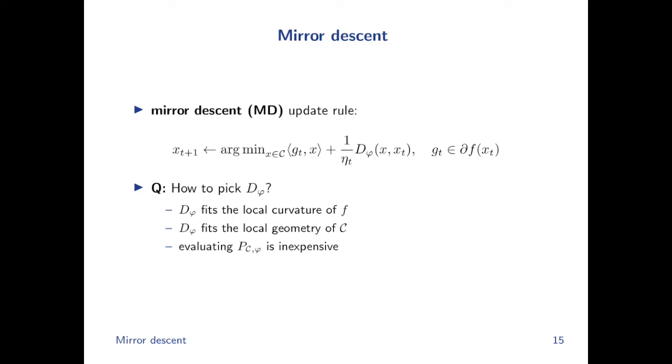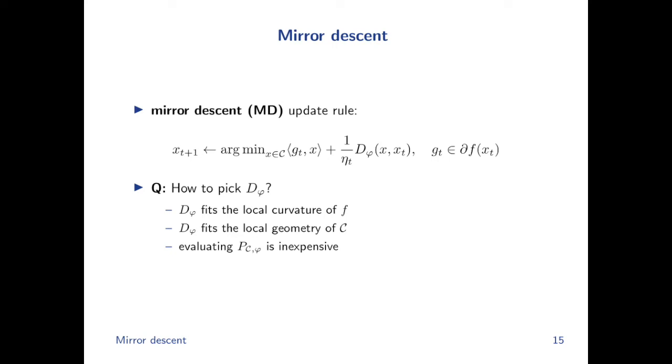Earlier we saw that Newton's method is an instance of mirror descent, where you pick a weighted quadratic proximity term. So here, this proximity term was purely driven by considerations about the cost function. You're trying to approximate the cost function better.